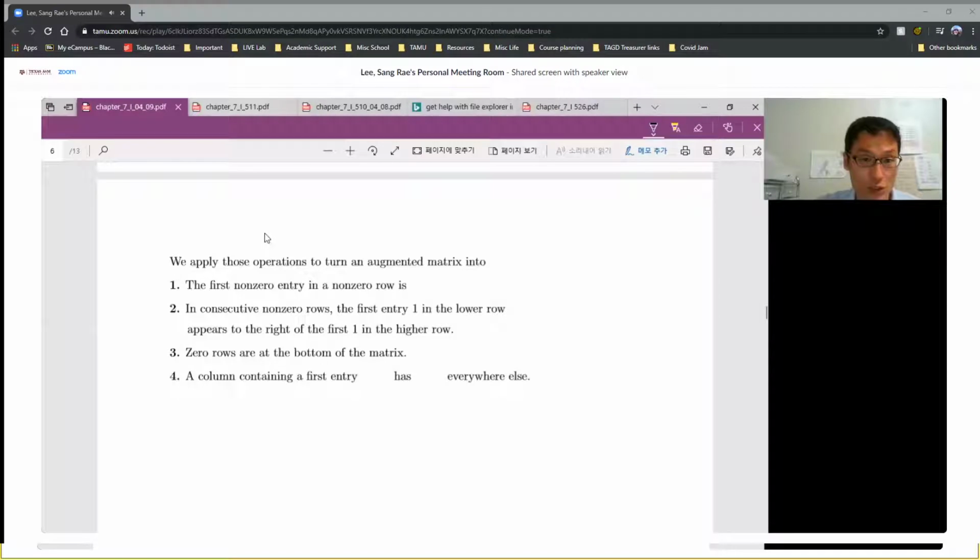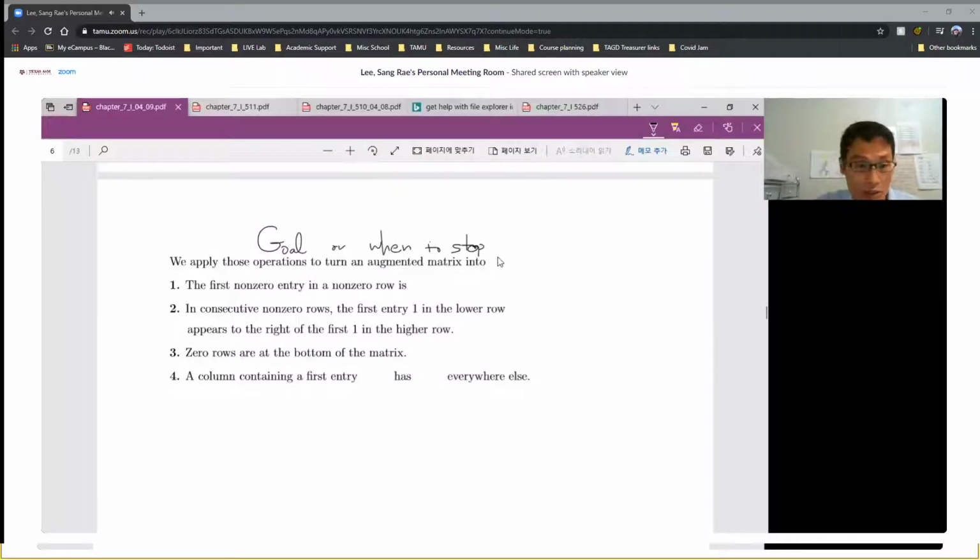So this is about our goal or when to stop. How do you know when we are done? Those 4 conditions will give you the criterion. Those 4 conditions will give you the answer. So we want to apply Gauss-Jordan elimination to turn the augmented matrix into something nice, satisfying those 4 conditions.